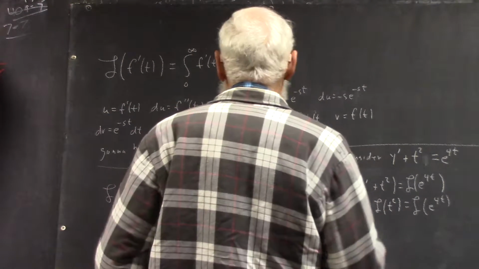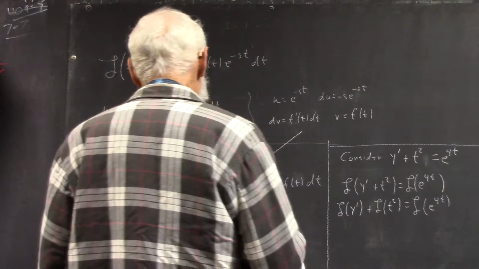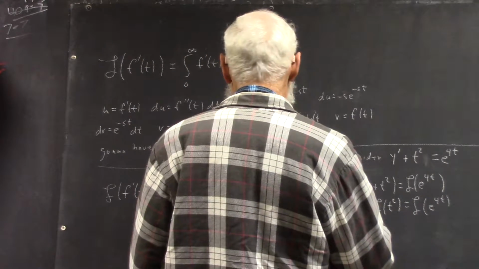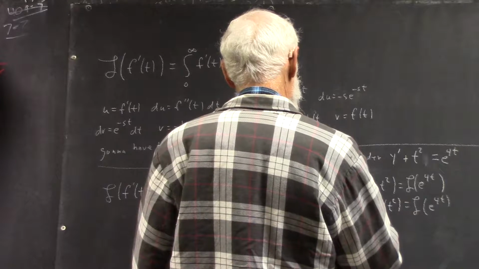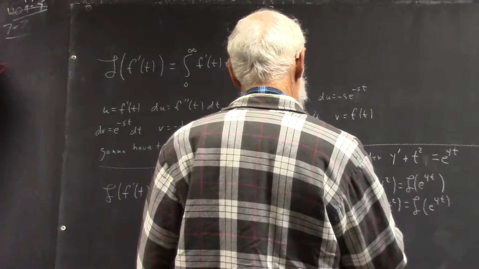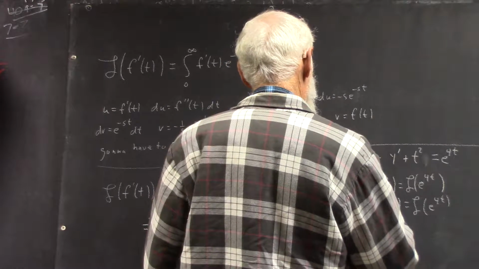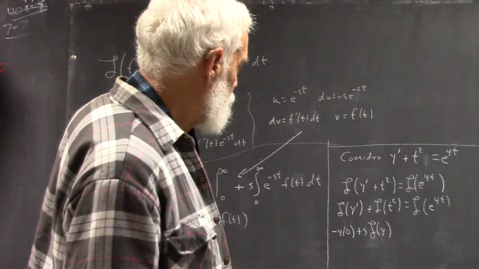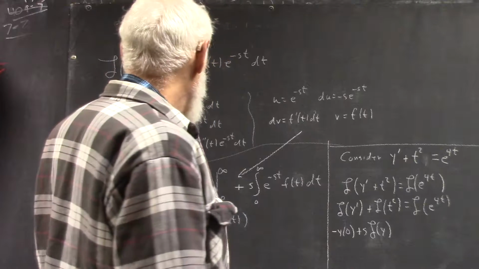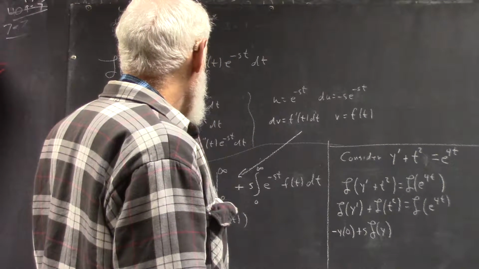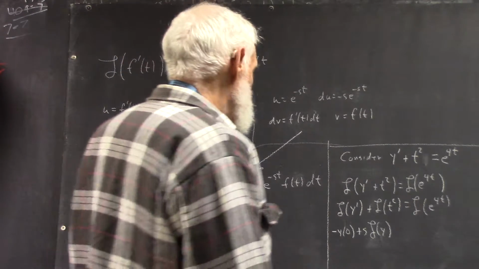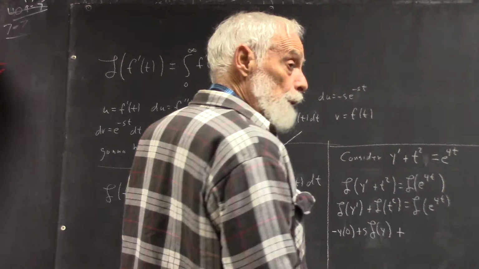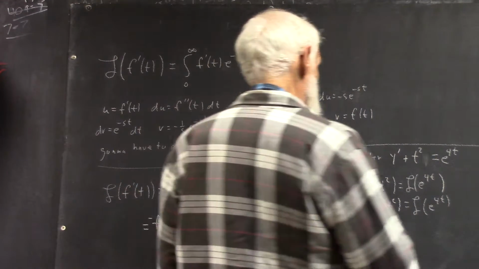Now the Laplace transform of y prime is negative y of 0 plus s times the Laplace transform of y. Then you add that to the Laplace transform of t squared, which is what?